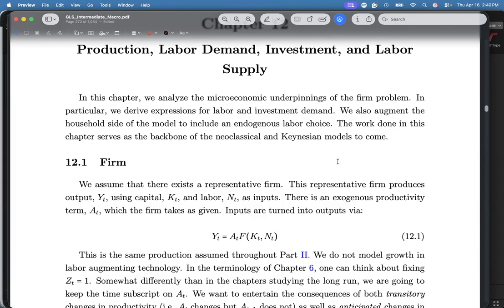What's also new here, possibly for you guys, especially if you haven't taken labor economics yet, which you probably have not, is that there's going to be a labor demand function here, a macro labor demand function. That could be super interesting and something you might want to learn more about in a labor economics class. We'll also have investment. Oh, and labor supply, which is an important factor in labor economics too.